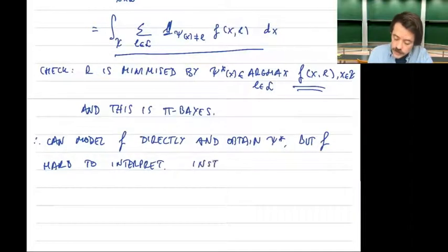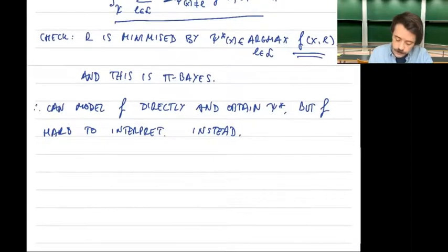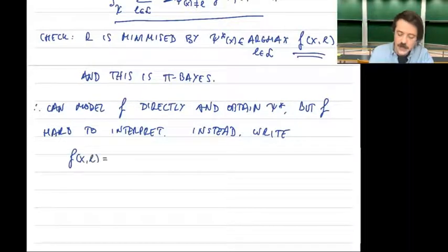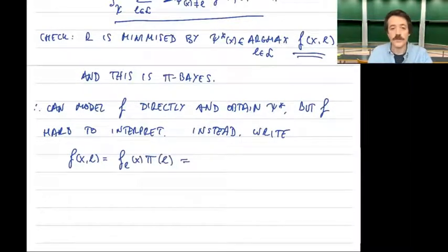So instead, write this f_x,l as the product of the conditional times the marginal, or the other way around as well, right?